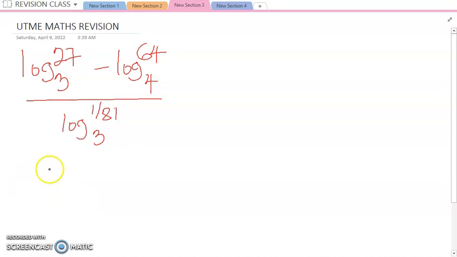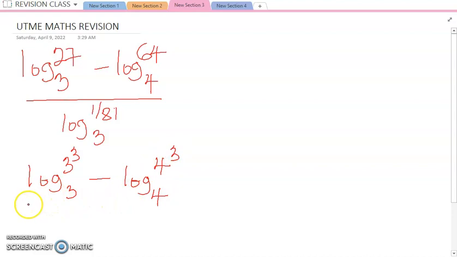Okay, let's start. We have log base 3. 27 is the same thing as 3 raised to power 3, minus log base 4. 64 is the same thing as 4 raised to power 3. Everything divided by log base 3. 1/81 is the same thing as 81 raised to power minus 1. And 81 itself is 3 raised to power 4.